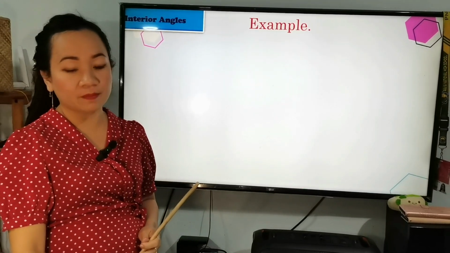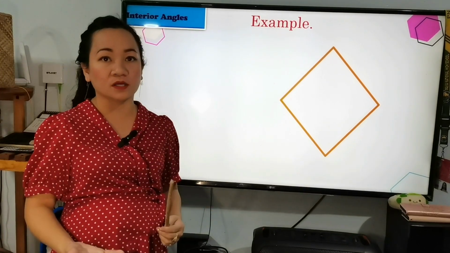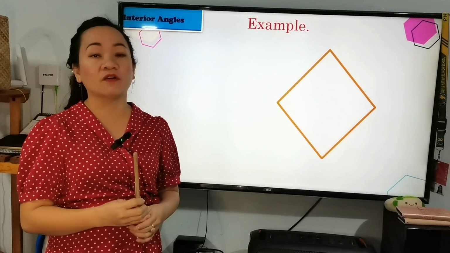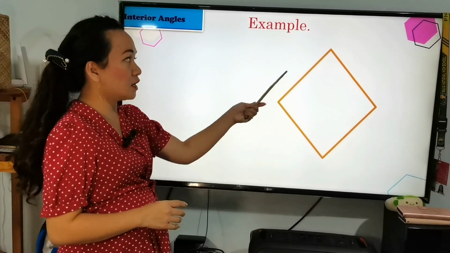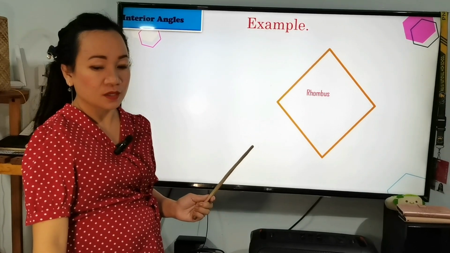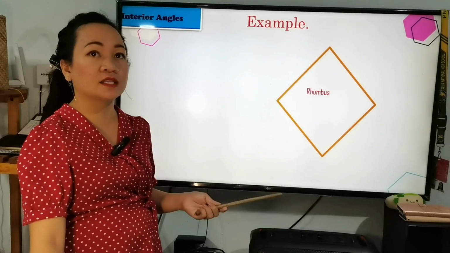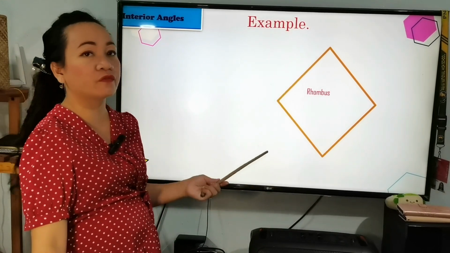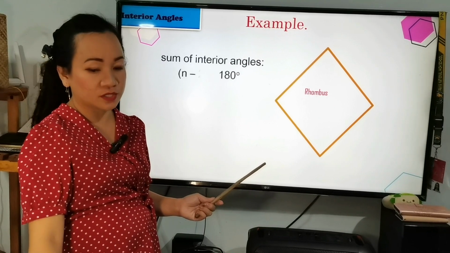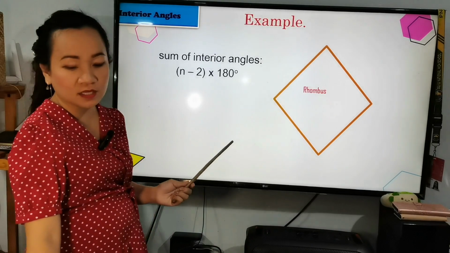Okay, next example. Supposing we are given this figure, a rhombus. Again, a rhombus is an example of a quadrilateral because it has 4 sides. So, again, without adding the diagonal and getting all triangles out of our rhombus, we are going to use the formula for the sum of the interior angles, again, n minus 2 times 180 degrees.